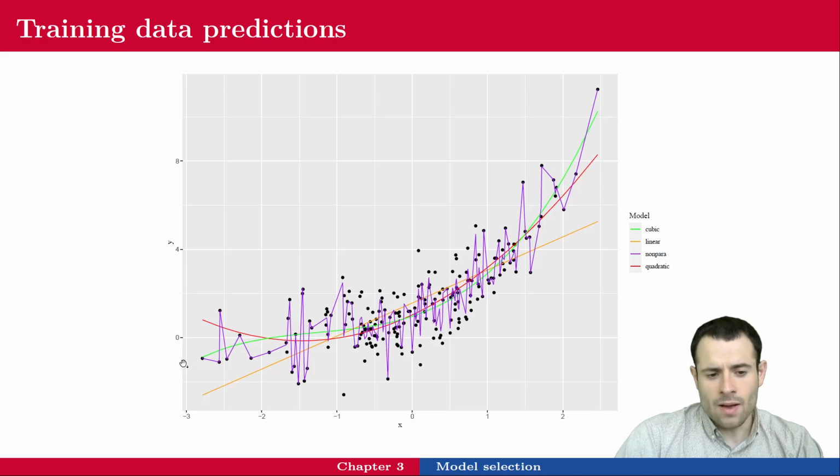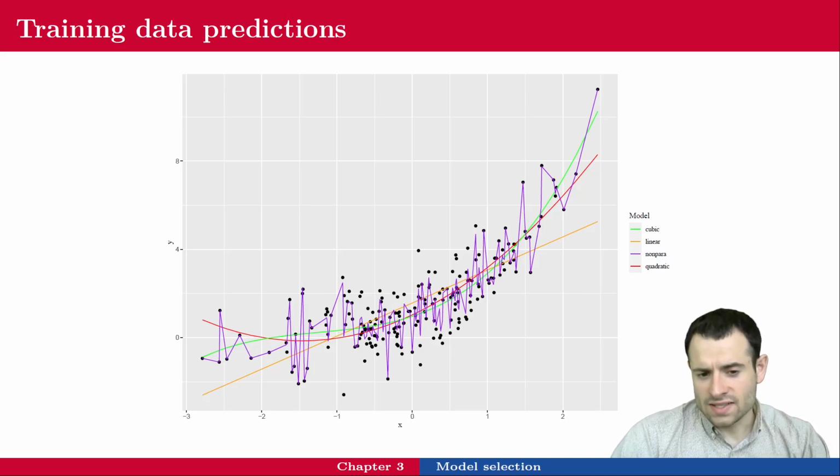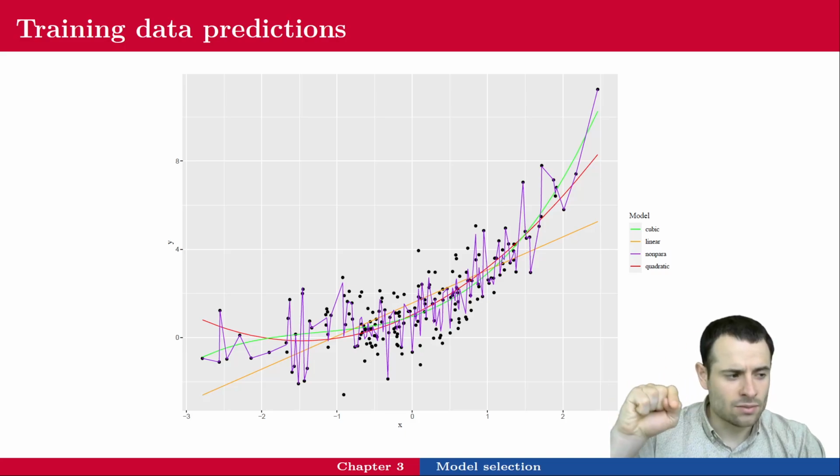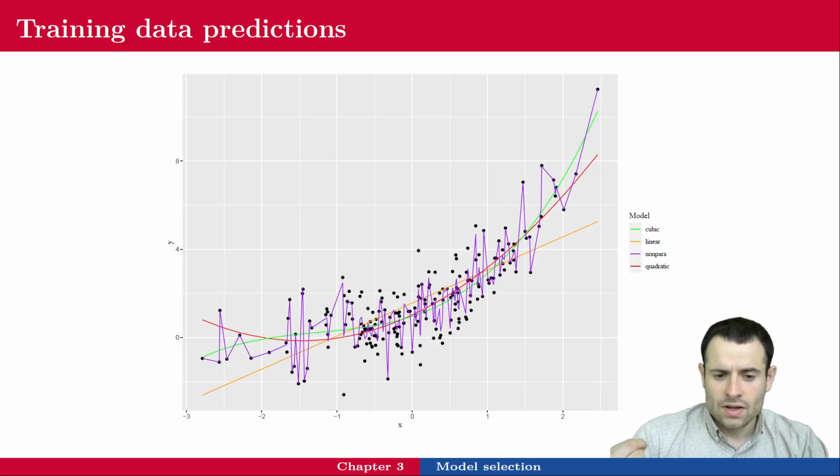My prediction is the same as the corresponding y data. So my non-parametric method here is very flexible, which is why we have this erratic movement. And it is very good at picking up the patterns of my training data. Finally, quadratic is a parabola. I'm regressing y on x and x squared, and I get this red parabola. Another approximation to this non-linear true relationship.